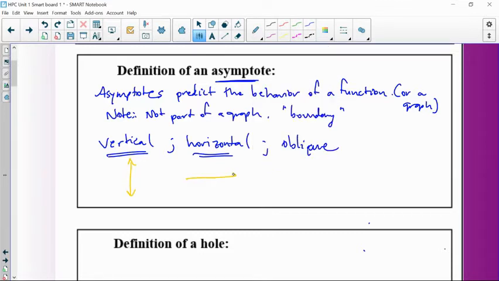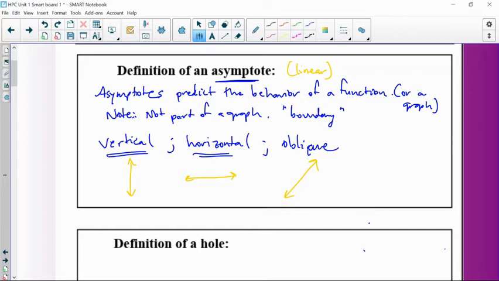Horizontal, we know what that looks like. And the word oblique just means it goes at an angle. So it's not vertical or horizontal, yet it's still linear. Those are the three kinds of asymptotes. And I should say that those are linear because there are other asymptotic behaviors that we could analyze, like quadratic asymptotes, things that start behaving like a quadratic function or cubic or other things.